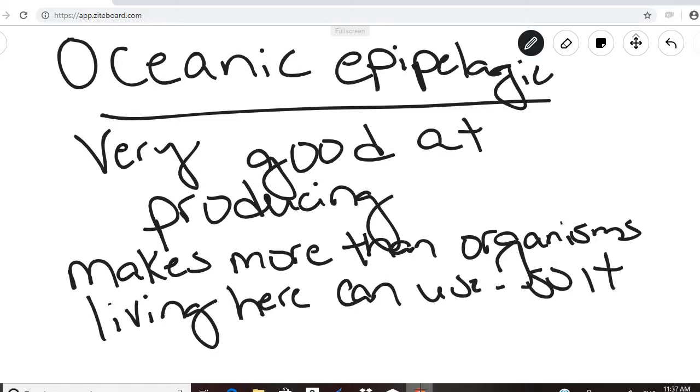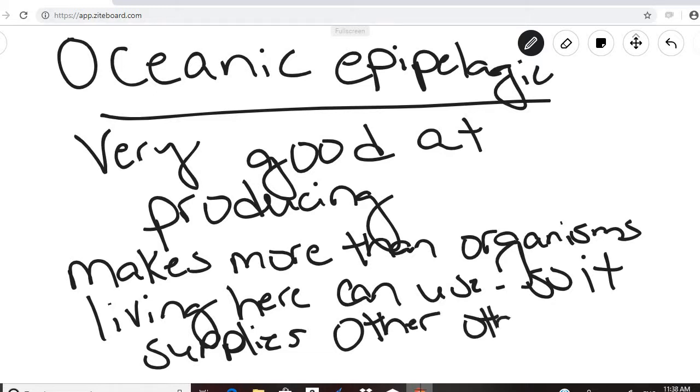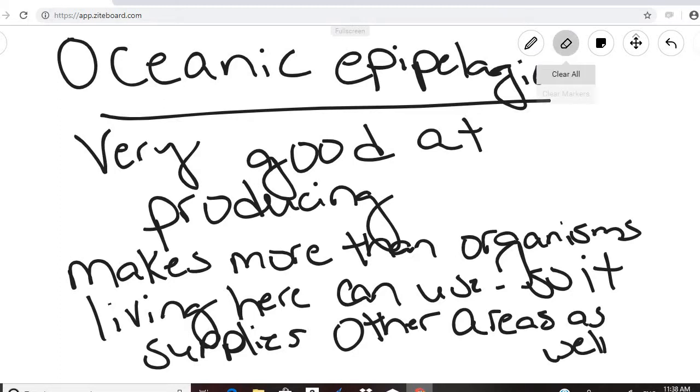So it supplies other areas as well. Okay, so even though there is no outside input in terms of its food supply, this area of the ocean is very good at producing. And so then the next question will be, well, how?